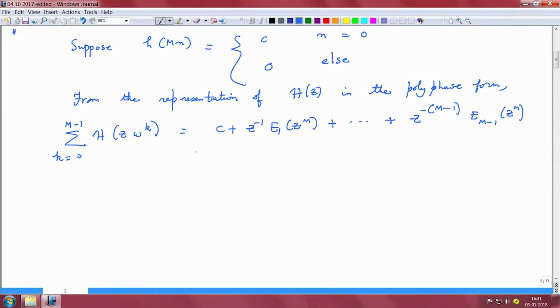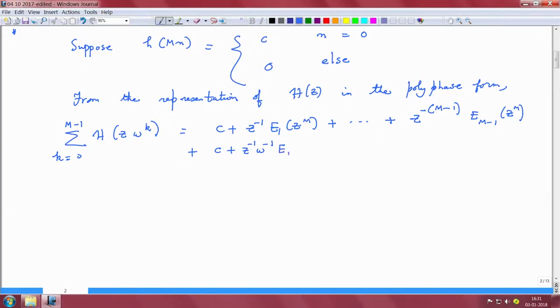So, for k equals 1, we have h of z omega, which is going to be c, plus you plug z equals z omega here, we have z power minus 1 omega power minus 1. This omega is basically the mth root of unity.